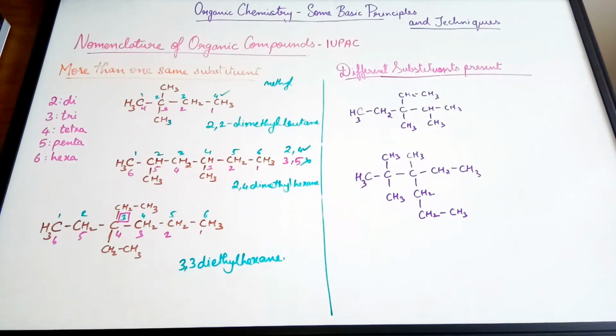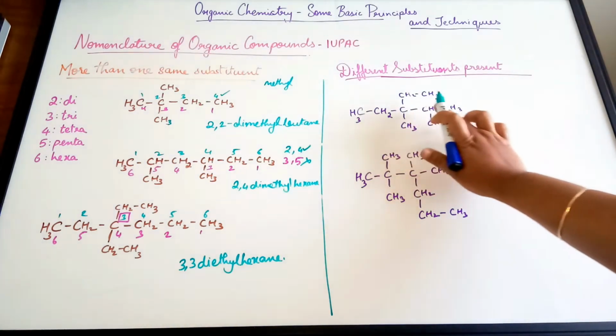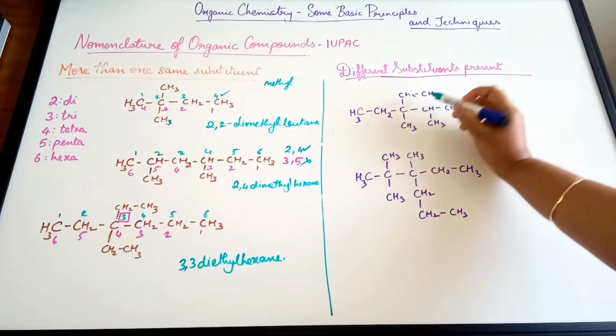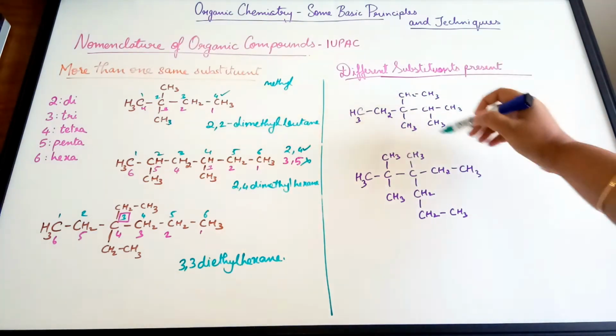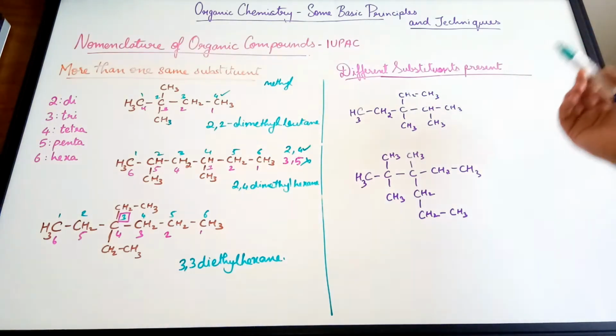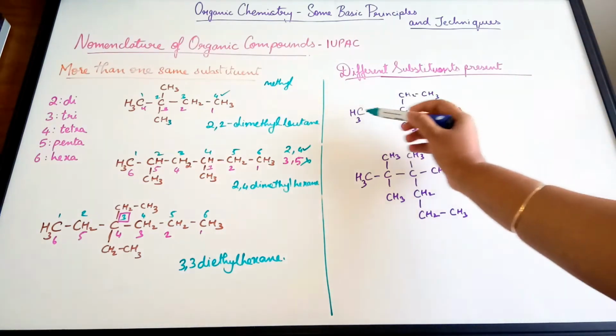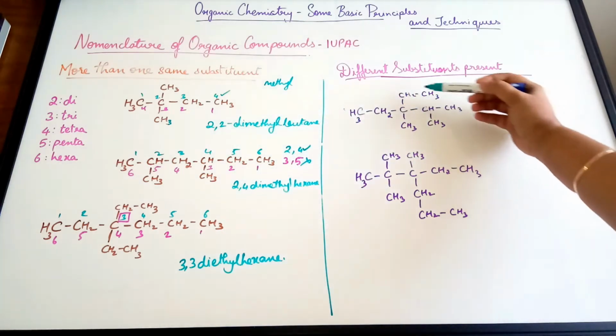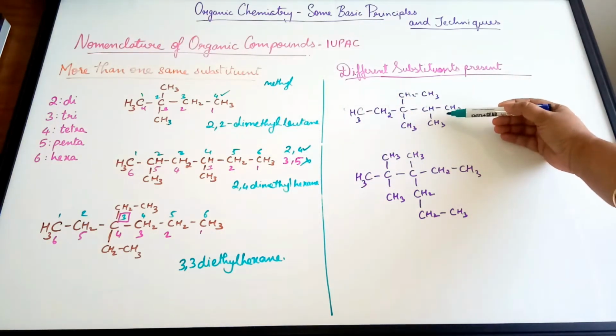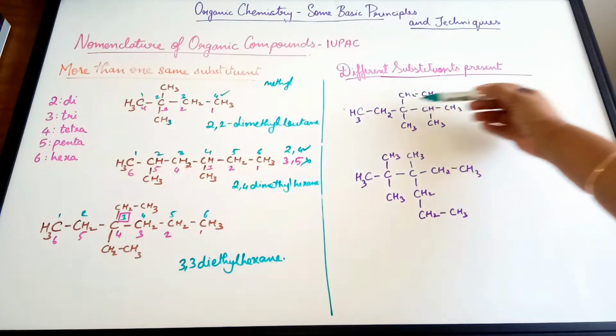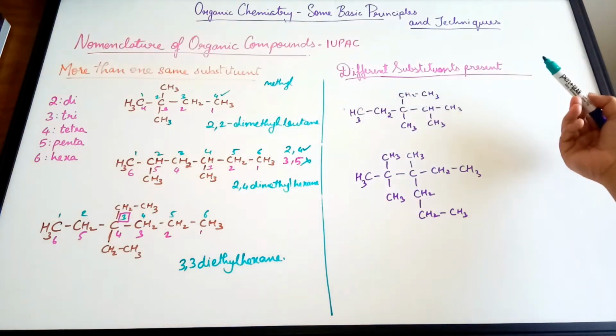So when we have different substituents in the particular compound, there is another rule that has to be followed. First, let's number this and figure out the numbering of this particular chain. So first of all, 1, 2, 3, 4 and 5. There are 5 carbon atoms here and there are 5 here as well, and both have the same number of substituents, and that is 1. If we consider this chain, this and this will be substituents, and when we consider this as the main chain, this and this will be the substituents.